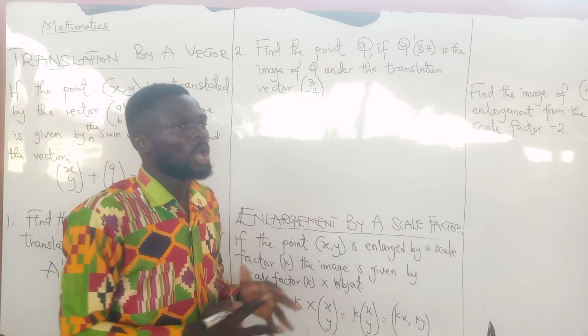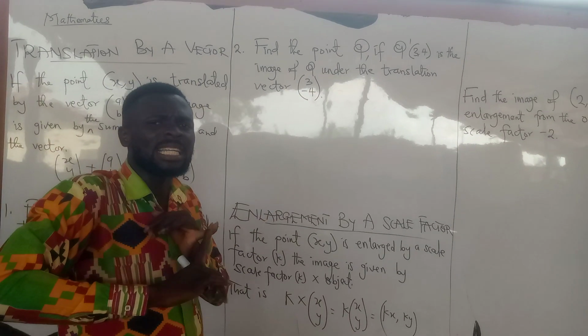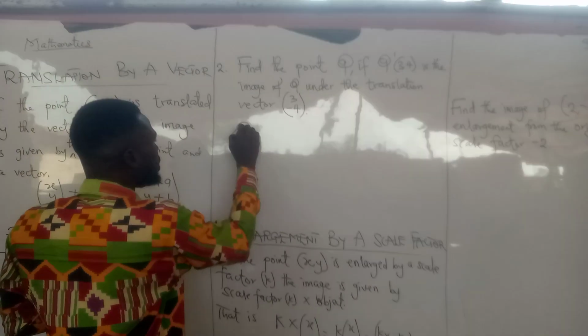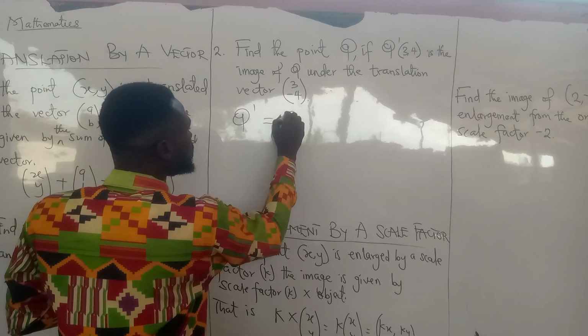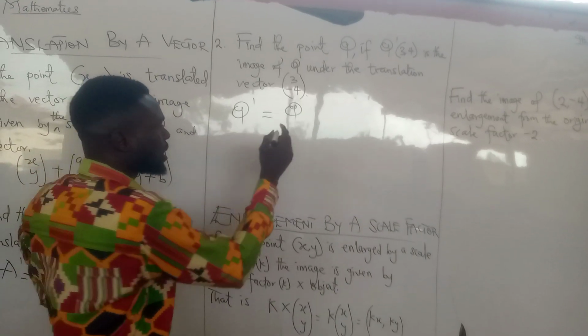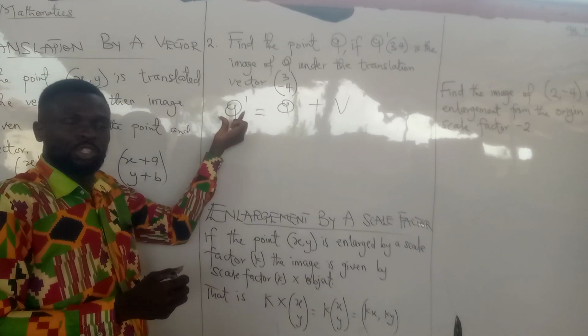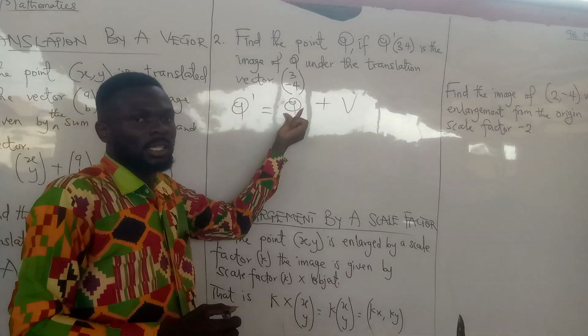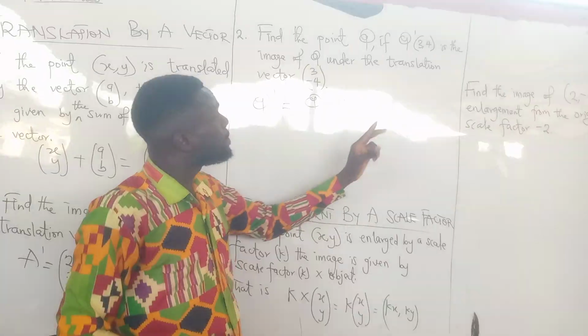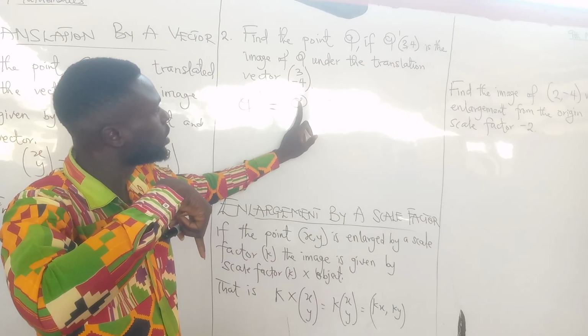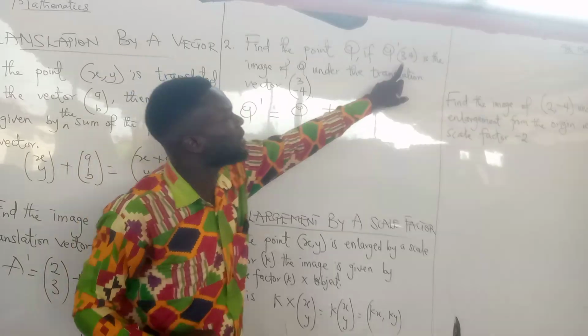Now what do we do? We know that in calculating the image, which is Q prime, it is equal to the object plus the vector. So this is the image, this is the object, and this is the vector. But in the question, we are calculating for what? For Q. We have the vector, we have the image.